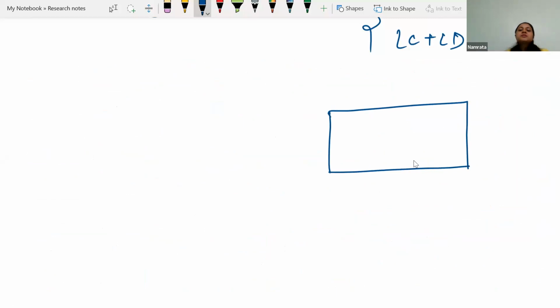As I am saying, it's a rectangle ABCD, and it's just like a kid of parallelogram. So it will follow all the properties of a parallelogram at first. What were the properties of a parallelogram? AB is parallel to CD and AB is equal to CD. AD is parallel to BC and AD is equal to BC.